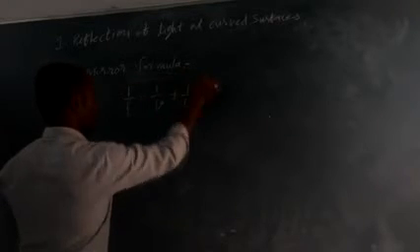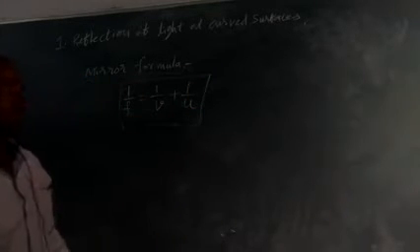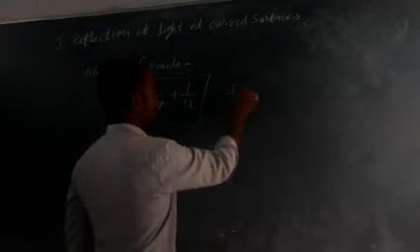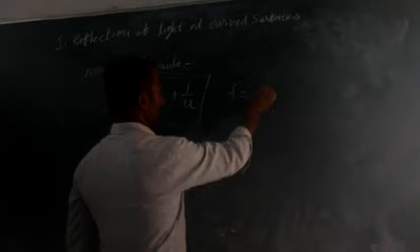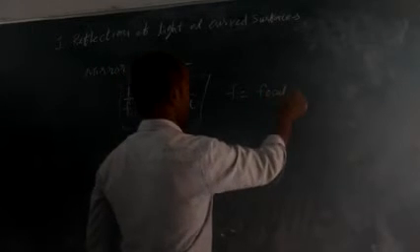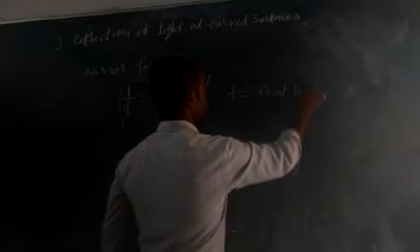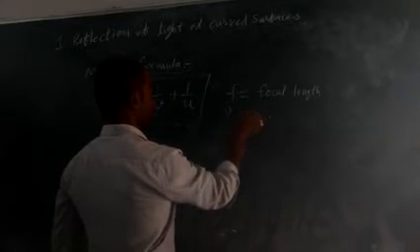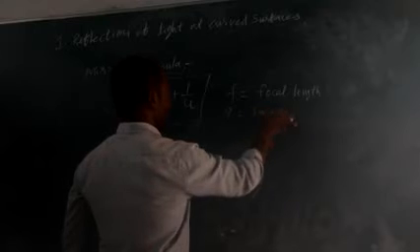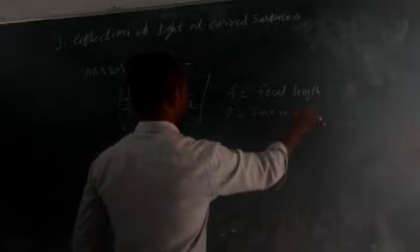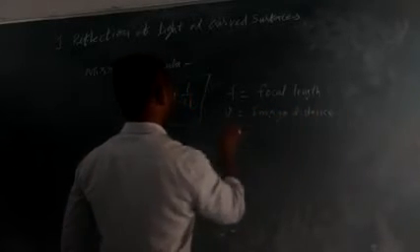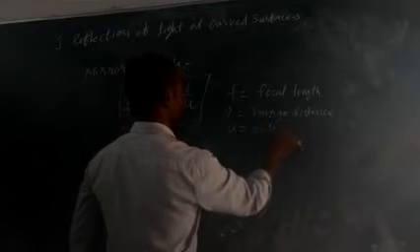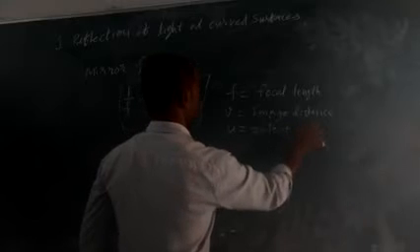Here f generally we call the focal point, but in the consideration of the mirror formula, f is nothing but the focal length. Next, v is the image distance, and u is the object distance.